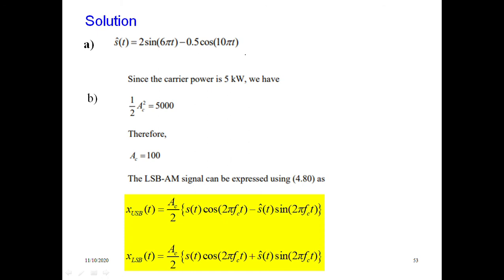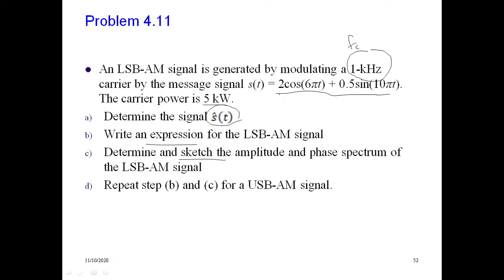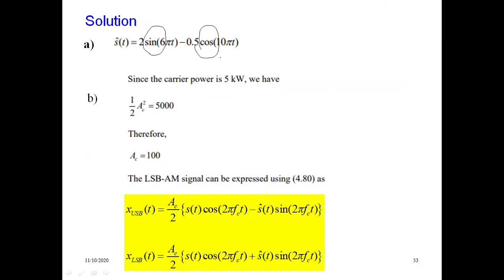For part A, the Hilbert of the signal: you just change the cos to sine and sine to minus cos. So plus now becomes minus. This is the Hilbert of the signal, where we put the symbol hat.